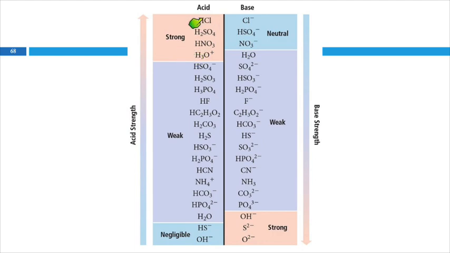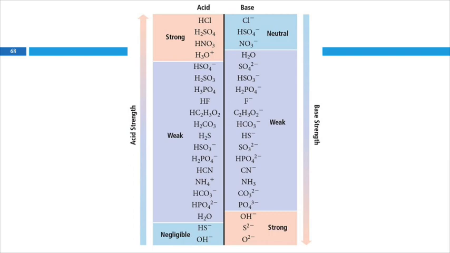HCl's conjugate base is chloride ion. That's pH neutral. The conjugate base of sulfuric acid, hydrogen sulfate, is pH neutral. The conjugate base of nitric acid, nitrate, is pH neutral, because these do not go the other way.